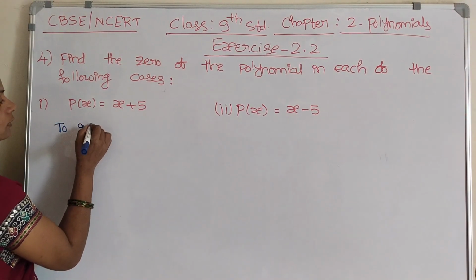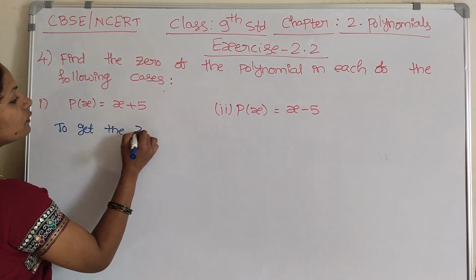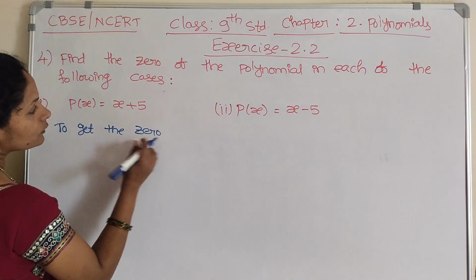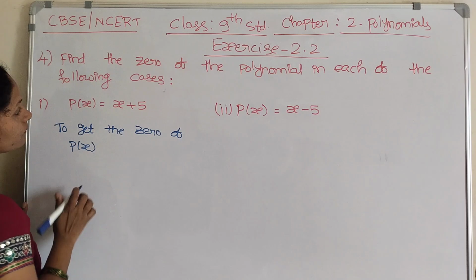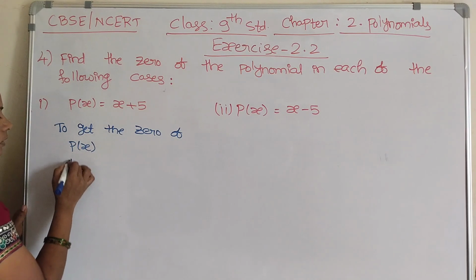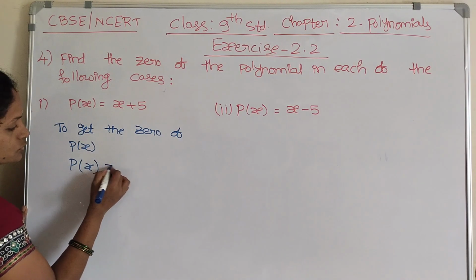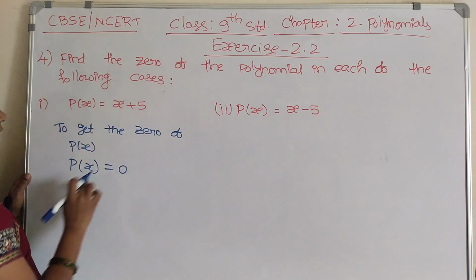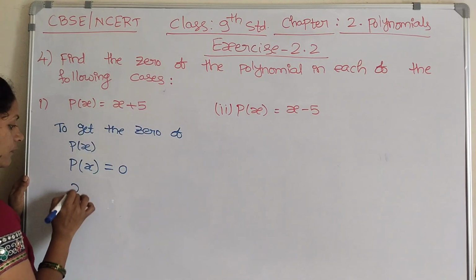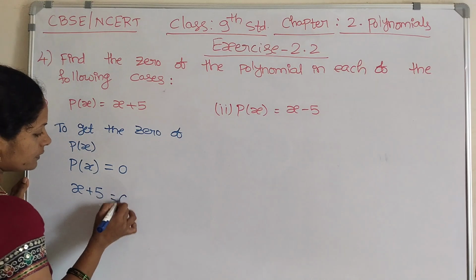To get the zero of P of x, P of x should be equal to 0. What is P of x? x plus 5, which is equal to 0.